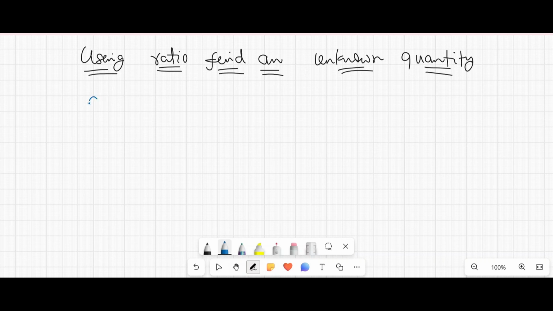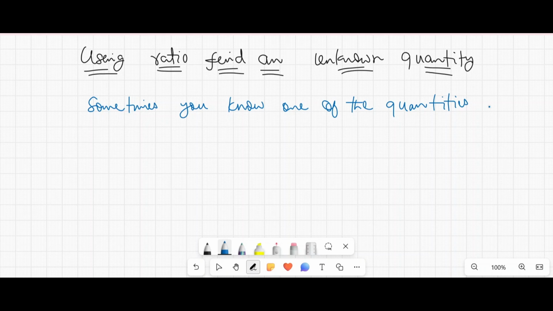So sometimes you know one of the quantities in the ratio, but not the other.